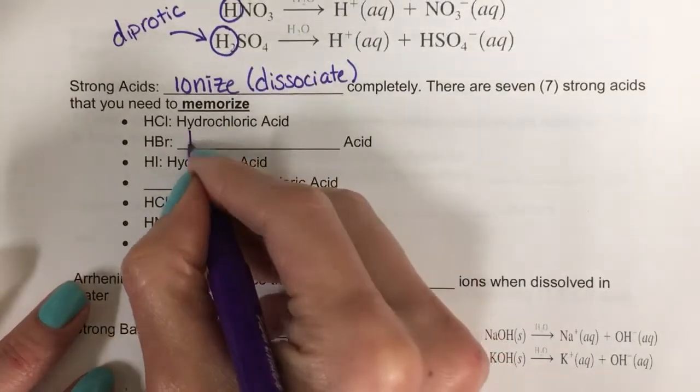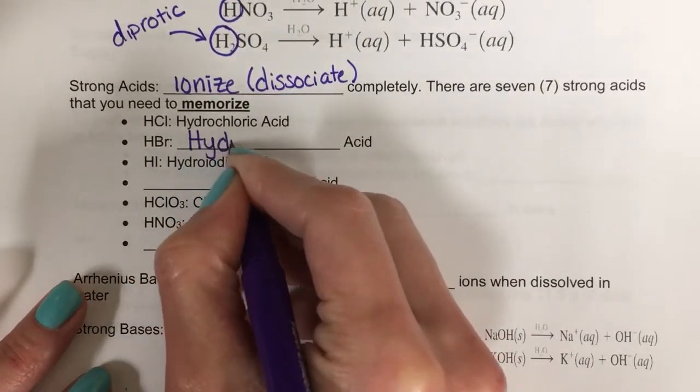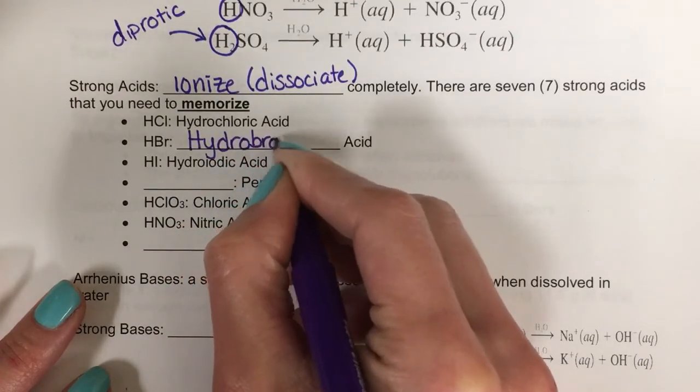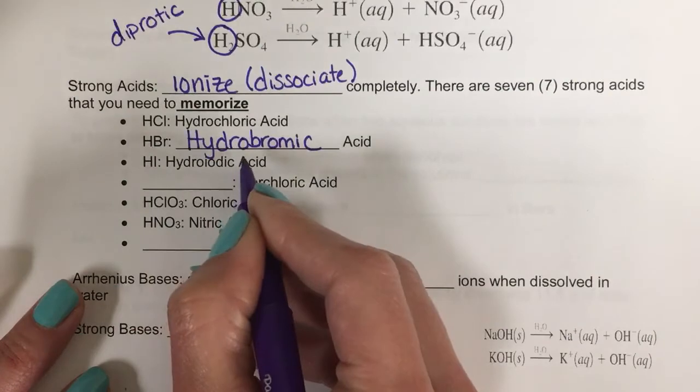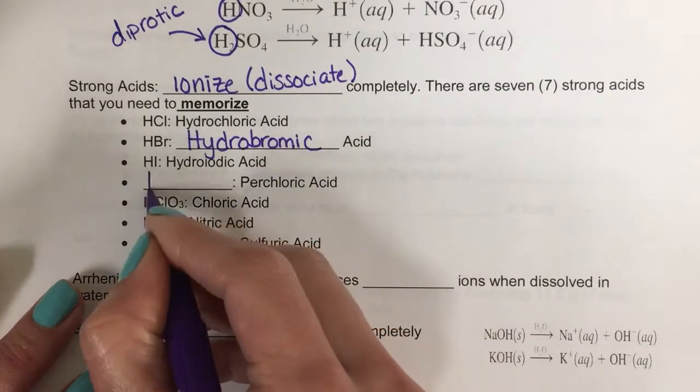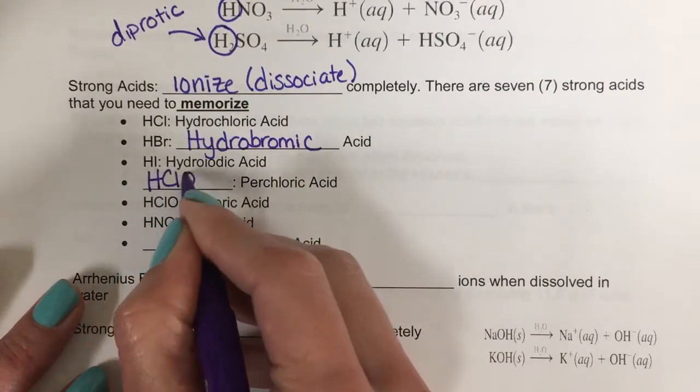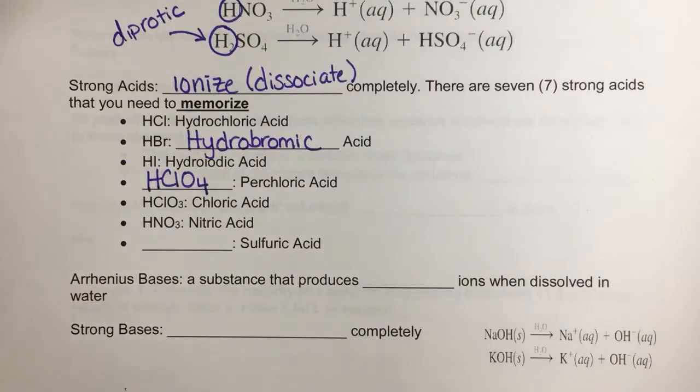HBr, hydrobromic acid. HI, hydroiodic acid. HClO4, perchloric acid. HClO3, chloric acid. HNO3, nitric acid.